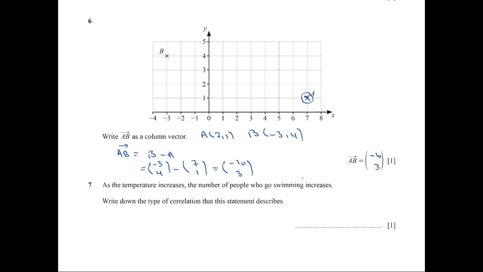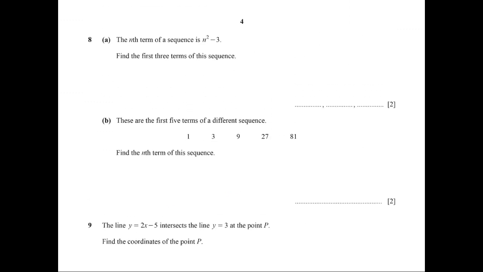Question 7. As the temperature increases, the number of people who go swimming increases. Write down the type of correlation. Of course, it is a positive correlation. Question 8. The nth term of the sequence is n power 2 minus 3. Find the first 3 terms.